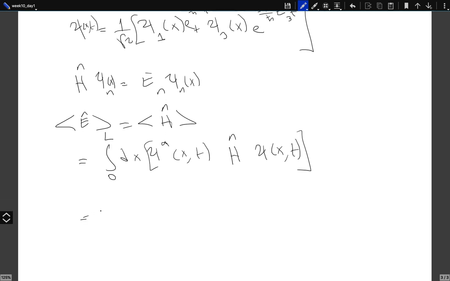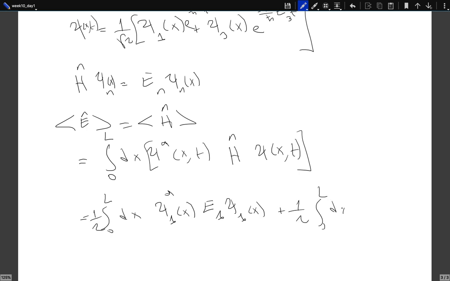Let me write them out explicitly. We have the integral from 0 to L dx of psi 1 star of x, E1 psi 1 of x, with 1 over 2, plus 1 over 2 psi 3 star of x, E3 psi 3 of x. When I multiply, these are the so-called diagonal terms.